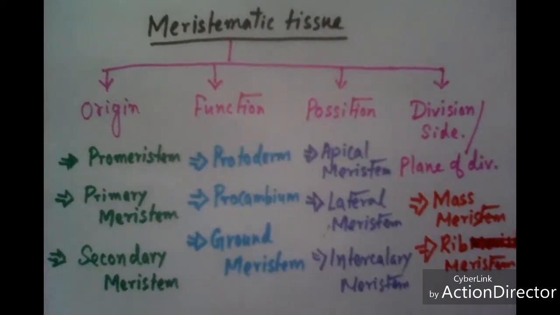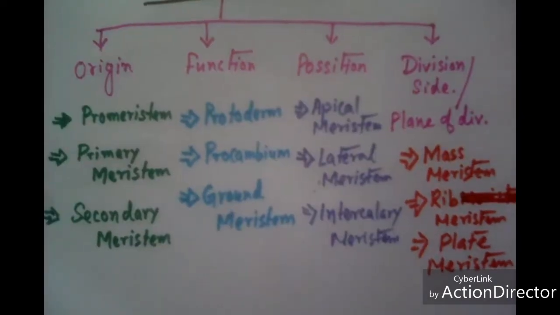So, on the basis of origin: promeristem, primary meristem, and secondary meristem. On the basis of function: protoderm, procambium, and ground meristem. On the basis of position: apical meristem, lateral meristem, and intercalary meristem.